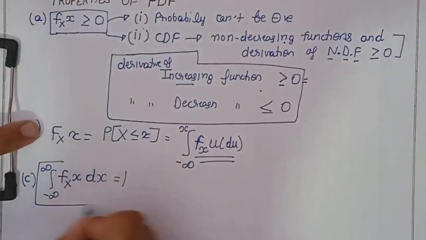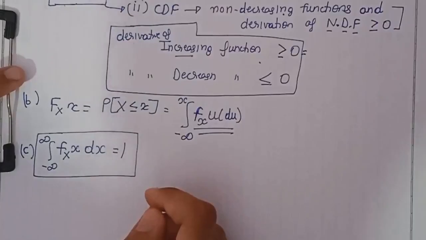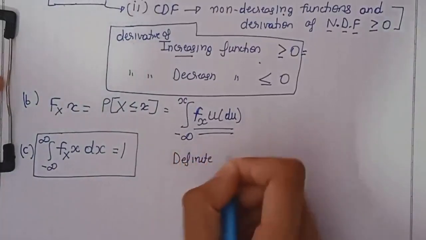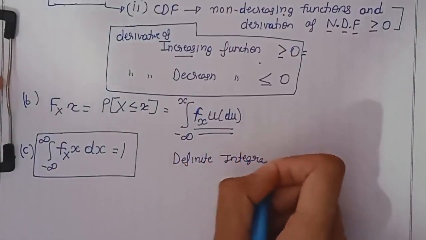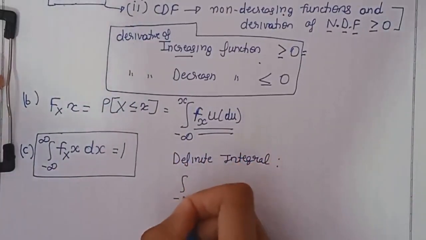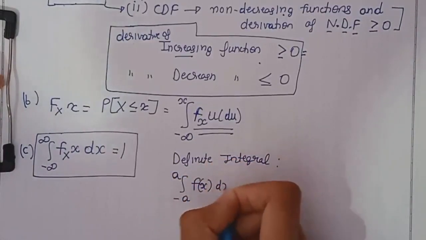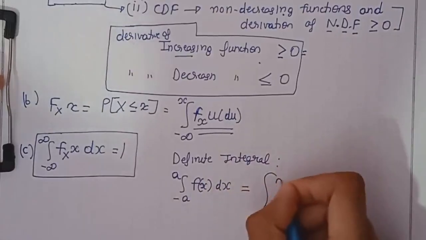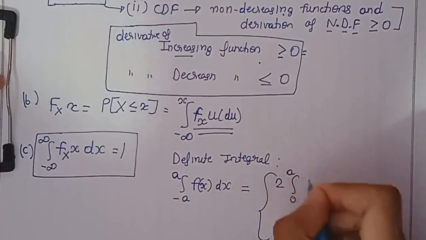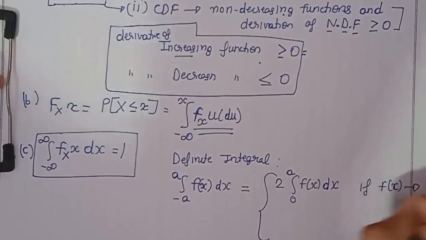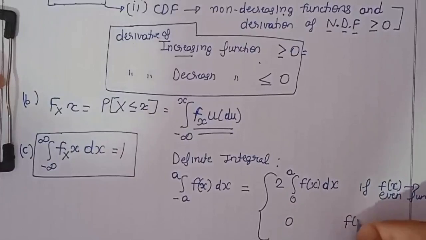Now this is true for all the PDFs. Now again, if you recall some properties of definite integral, which is that the integration from minus a to a of any function is equal to twice the integration from 0 to a if this is an even function, and 0 if f(x) is an odd function.